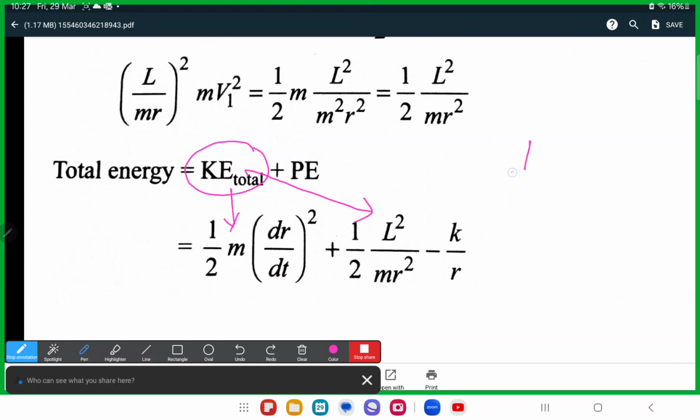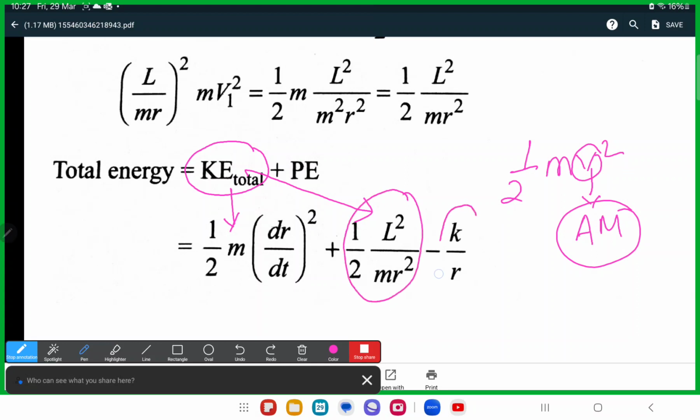Tangential, once again, velocity is half mv square. Once you substitute v by using angular momentum, you will discover the second term, and this is the potential energy. So by this way we can get the answer of this question.